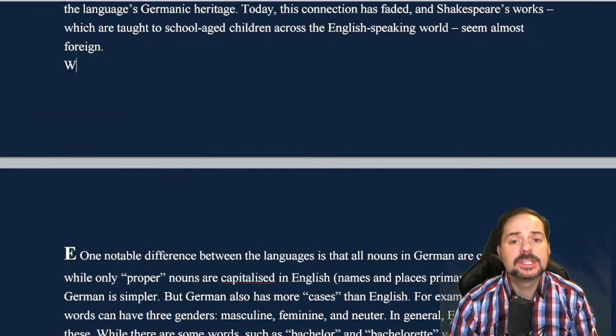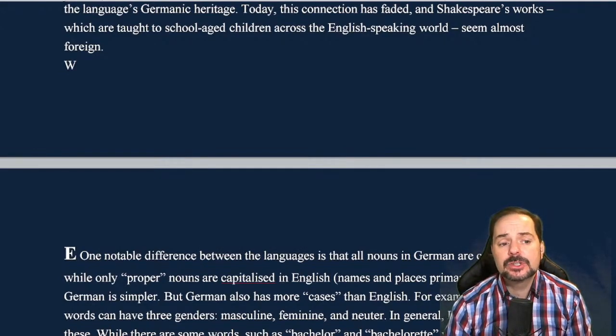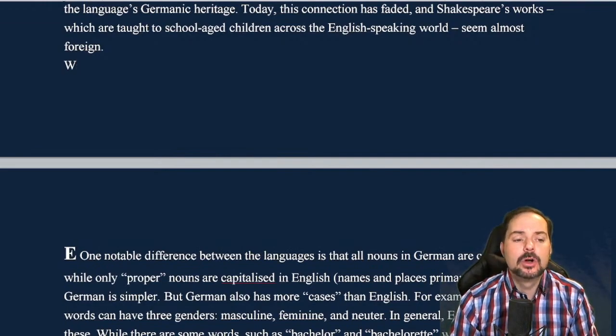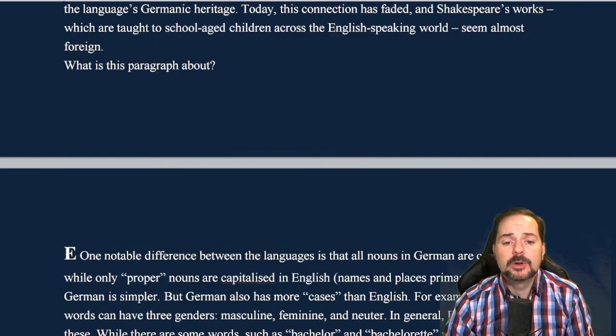By the way, members and everyone, do this with me and try to see if your answers are the same or similar as mine. They should be, okay? So what is this paragraph about? Well, when we're talking about word order, we're talking about grammar.